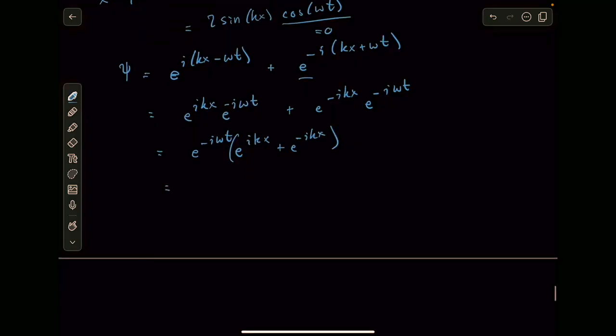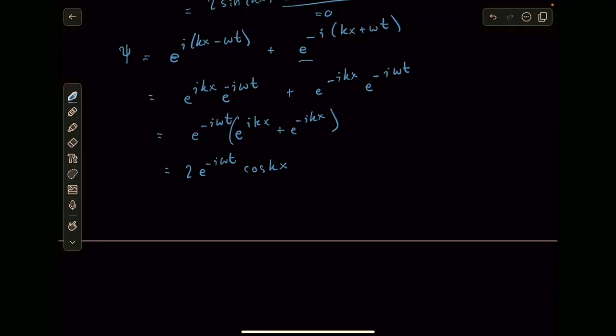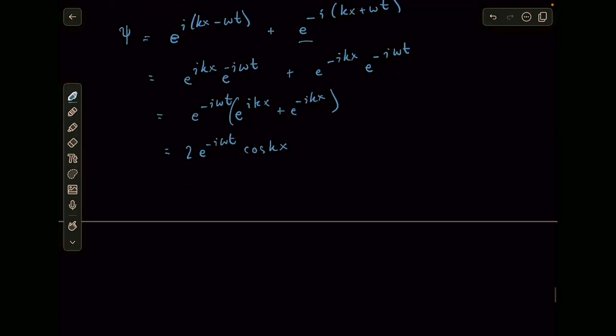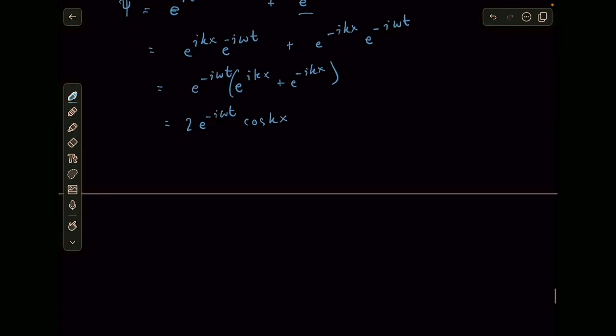This is just equal to 2 times this phase factor times cosine kx. And finally, we've come across a good solution for now, because this time dependence term never evaluates to 0. It always has magnitude 1.